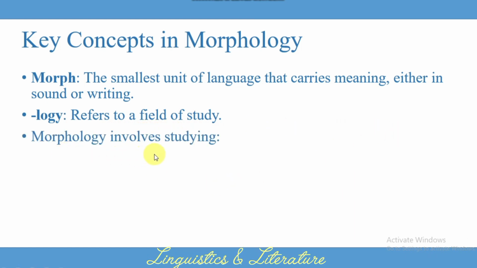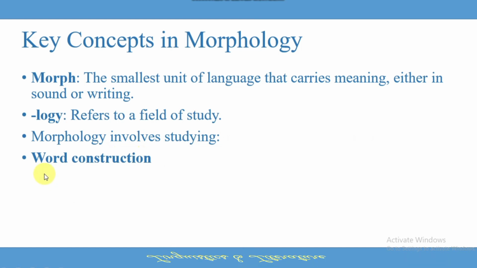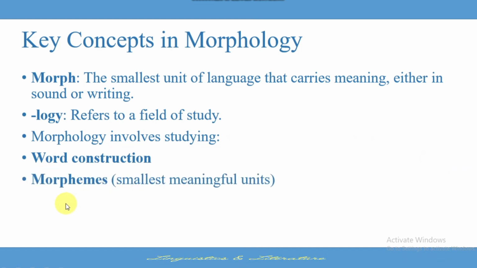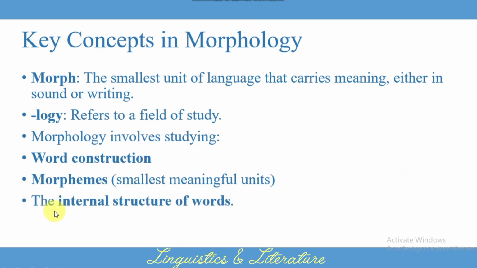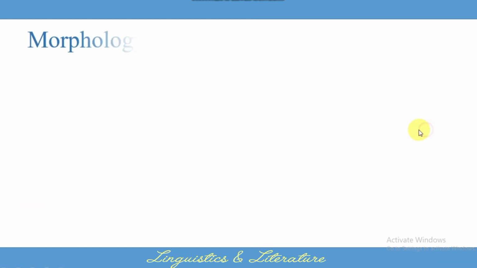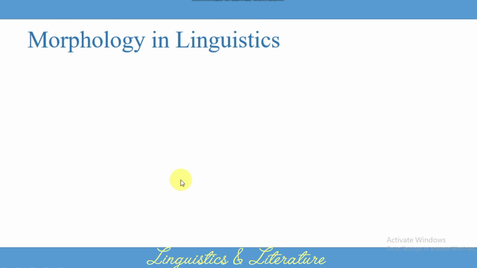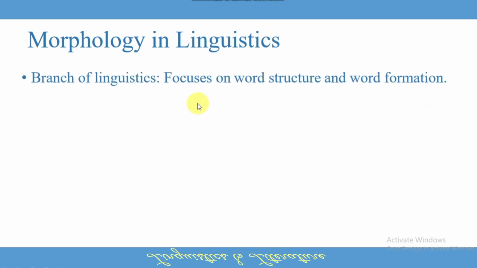Morphology involves studying, this is the definition, word construction and morphemes, the smallest meaningful units, and the internal structure of words. This is clear about morphology. Now morphology in linguistics: a branch of linguistics that focuses on word structure and word formation.